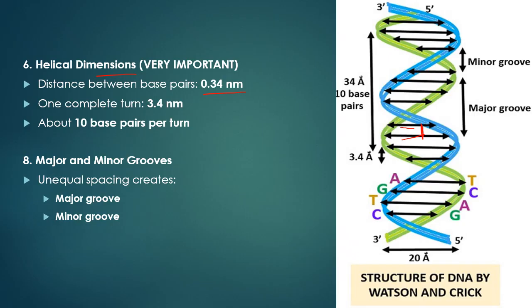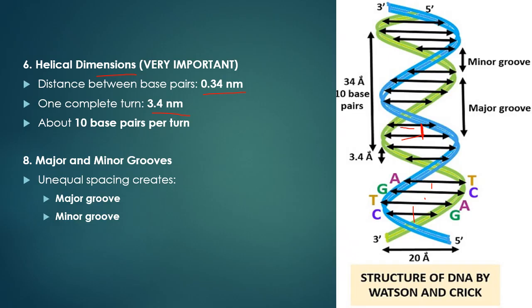The distance between any two base pairs is always fixed at 0.34 nanometers. And one complete turn is 3.4 nanometers.